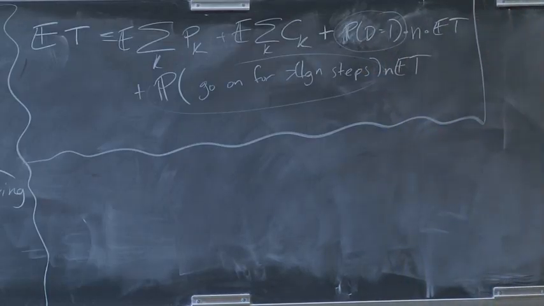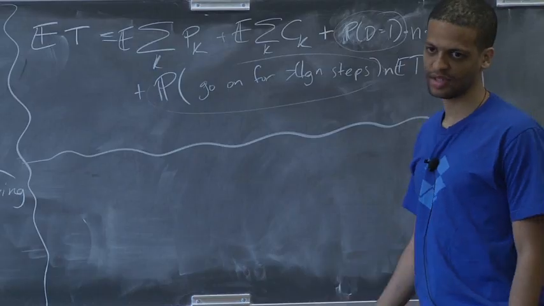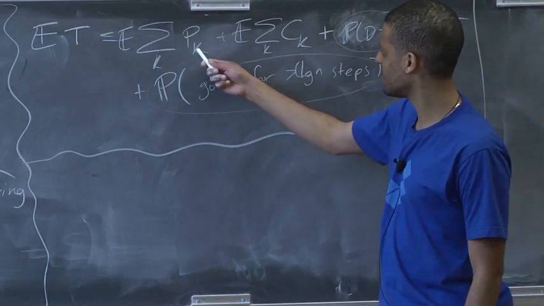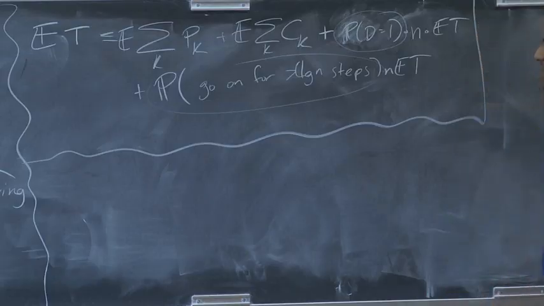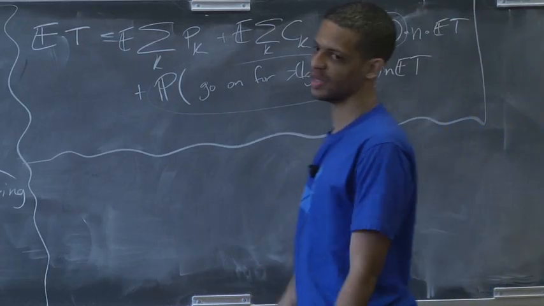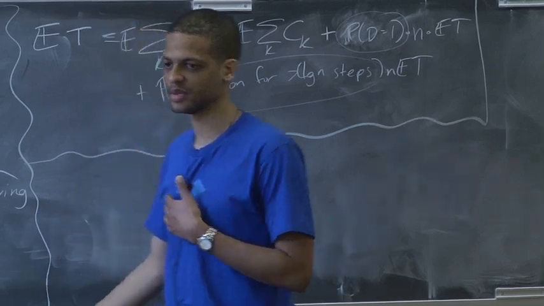So now we need to bound the expectation. We're going to use linearity of expectation. We need to bound the expectation of P_k, the expectation of C_k, and the probability D equals 1 as well, et cetera. So let's look at expectation of P_k, which is just the probability of having a path of length bigger than or equal to k.